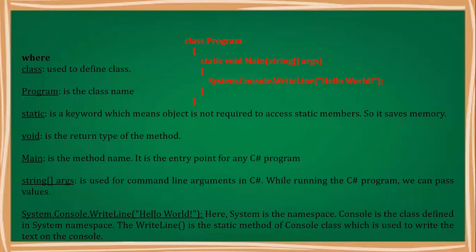In Java, it is System.out.println. In Java, System.out they are using. In C#, System.Console they are using. What is the difference? In Java, few of the method names are in small case letters. In C# all built-in methods start with a capital letter.